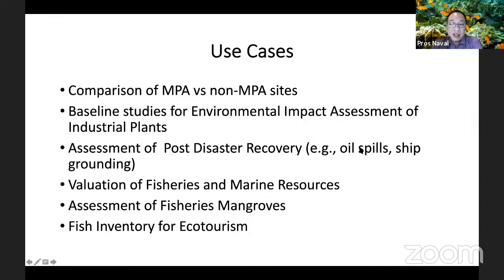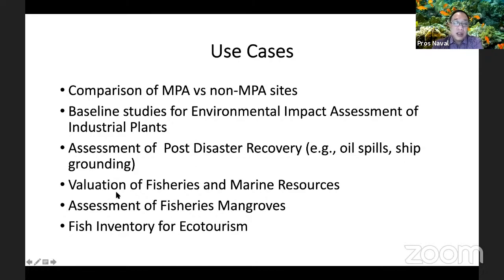Obviously, these will change the number of species, the counts, and so on. But how do you objectively assess whether the area has fully recovered or partially recovered from an oil spill or from a ship grounding accident?